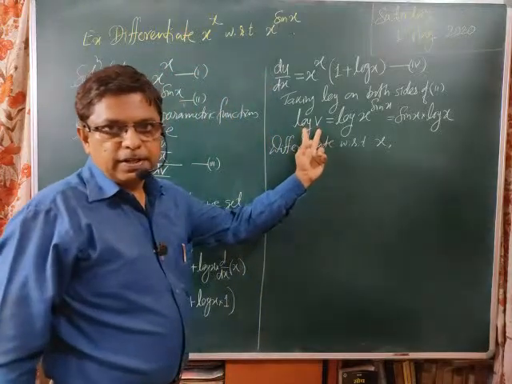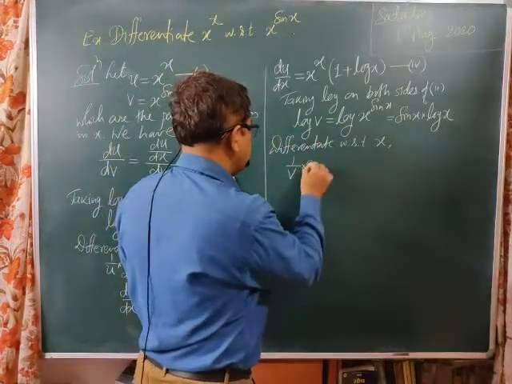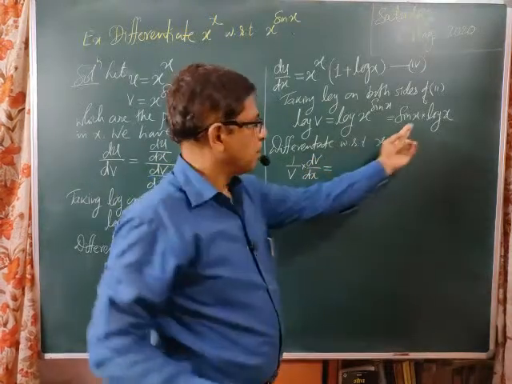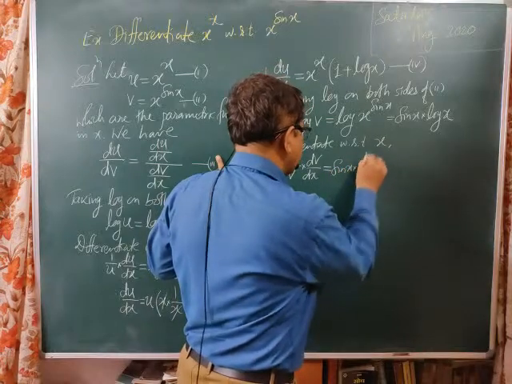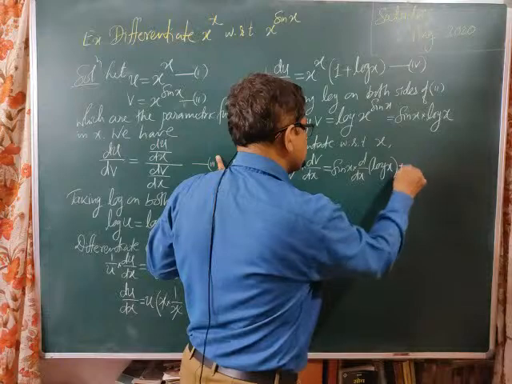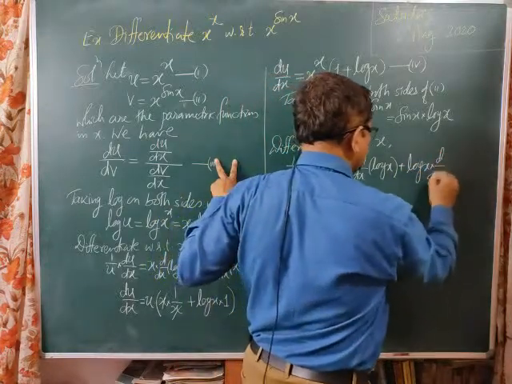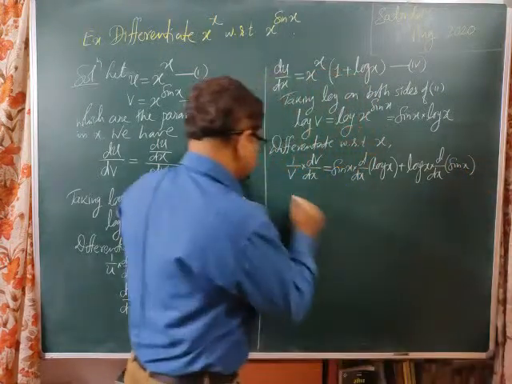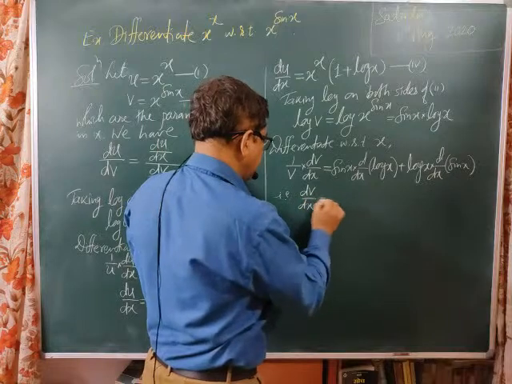So log v derivative in composite form is 1 upon v into dv by dx is equal to, here again product: first term as it is, sin x into derivative of second, plus second term as it is into derivative of first. Transfer v on the other side, multiply by v on both sides.